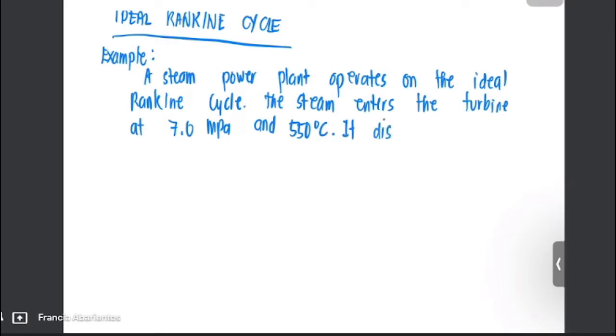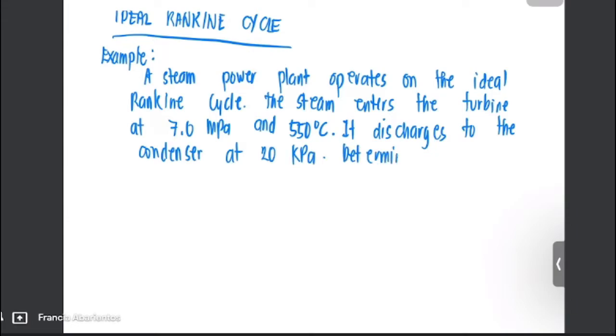It discharges to the condenser at 20 kilopascal. So we need to determine the cycle efficiency. Okay.